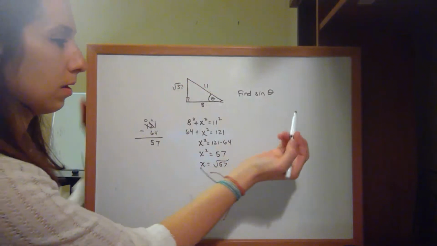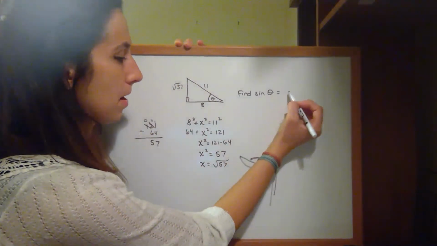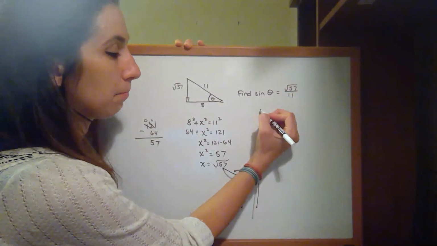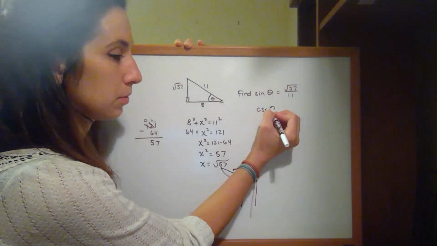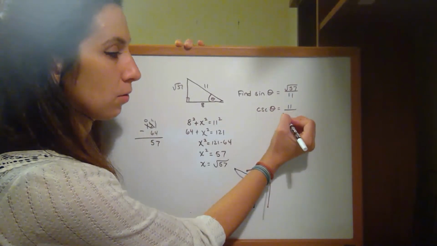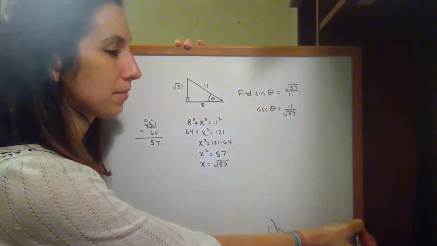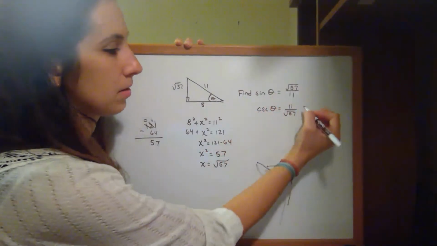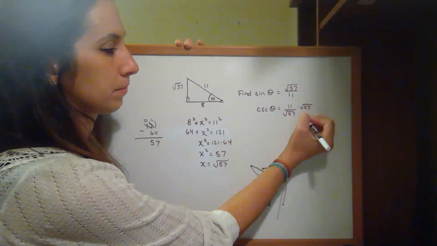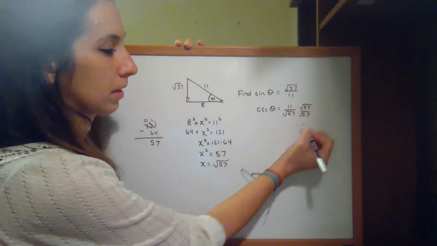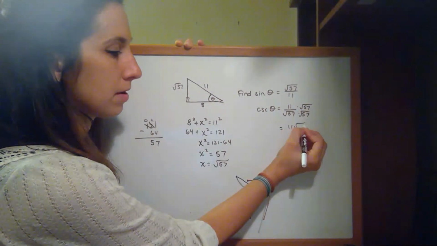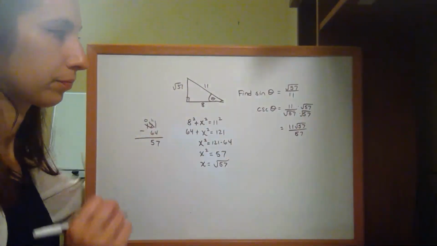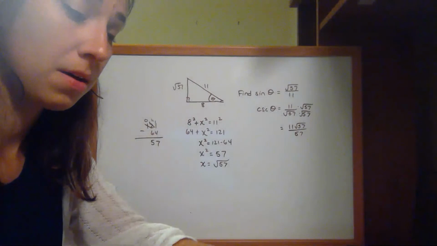Okay, so opposite over hypotenuse would be radical 57 over 11. But if you're asked for the reciprocal, you would get 11 over rad 57, and then you have to rationalize it, which means that you have to multiply the numerator and denominator by rad 57. So that ends up being 11 rad 57 over 57. So that, yeah, that could come up.